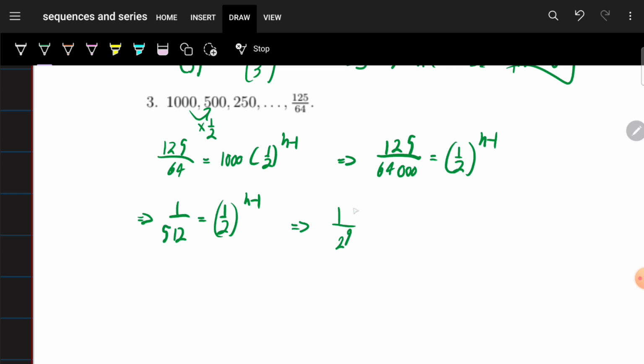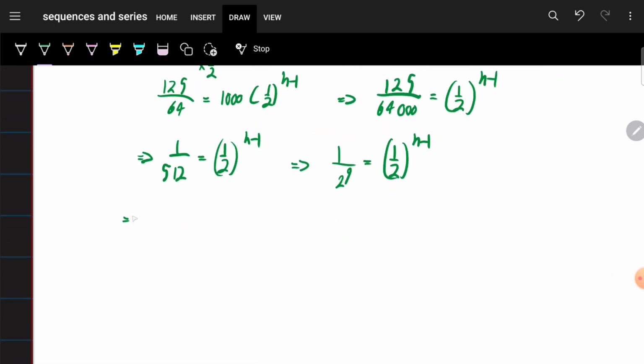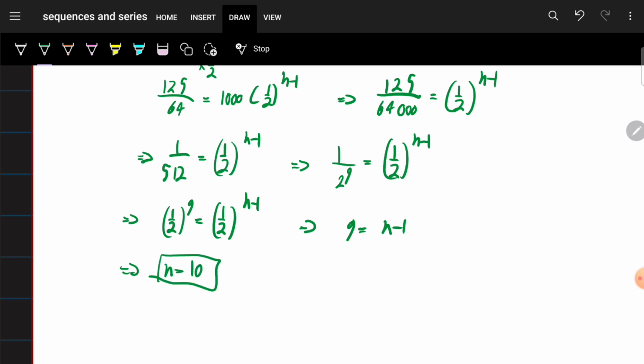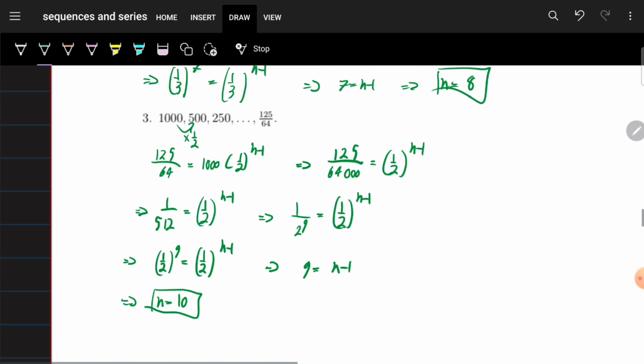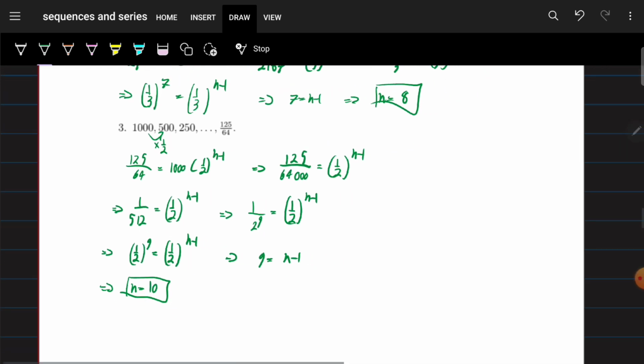So this is equal to 1/2 to the n minus 1. Now, 1 over 2 to the 9 is the same as 1 over 2 whole thing to the 9. Okay, so that means 9 is equal to n minus 1, and adding 1 to both sides, n is equal to 10. So that means in this sequence, we have 10 terms.